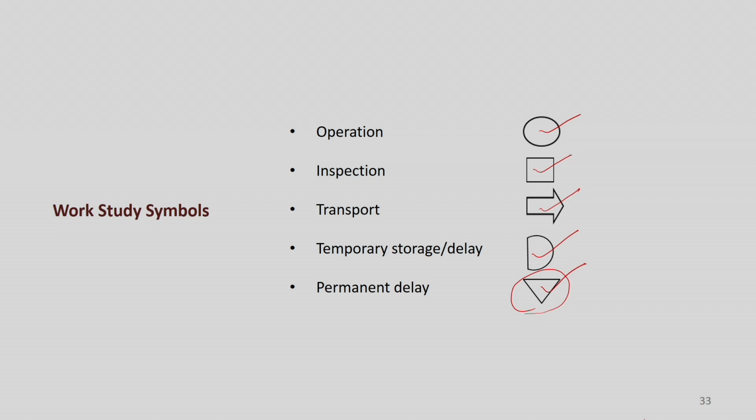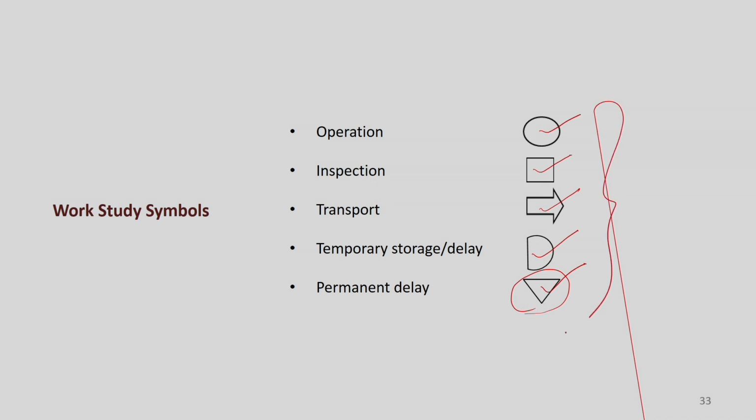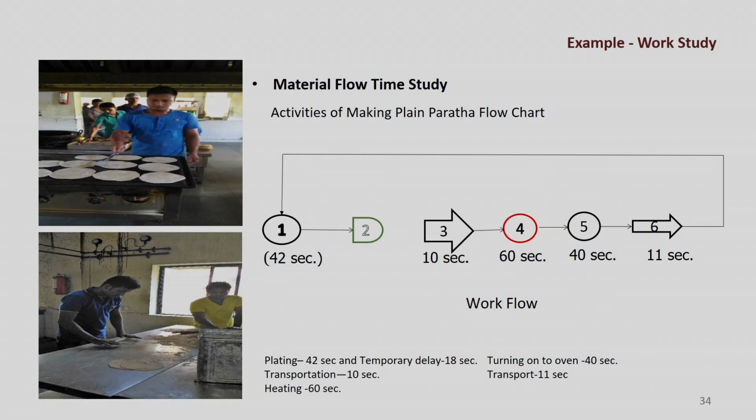Temporary delay means I may be waiting for someone to give a command, or I just kept these elements over here and somebody will take them and do the operation. All symbols are very specific; you cannot make changes, you need to follow these symbols as they are. Now, take an example here.